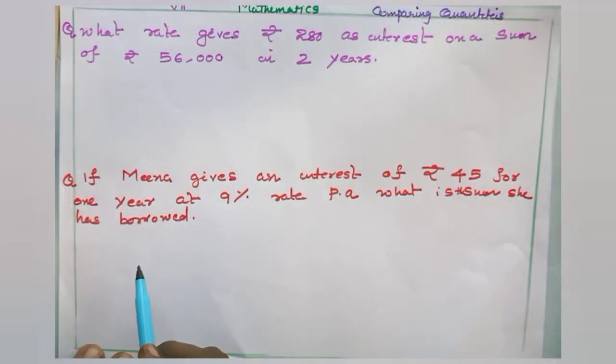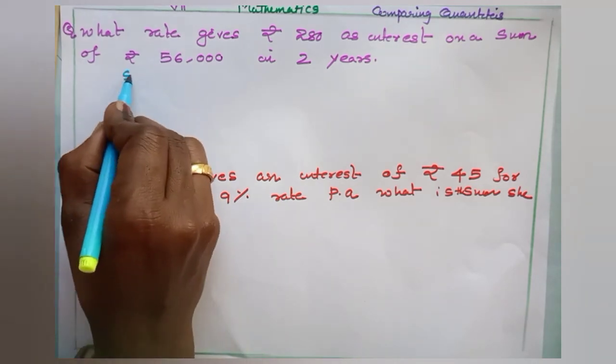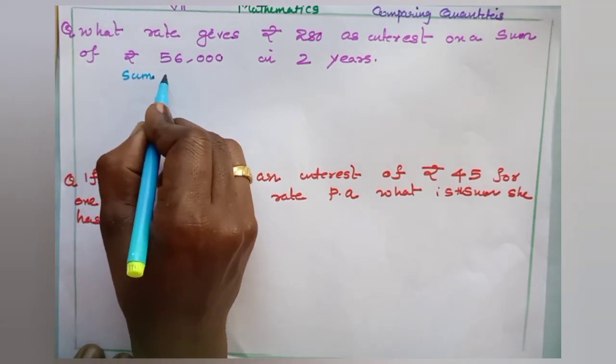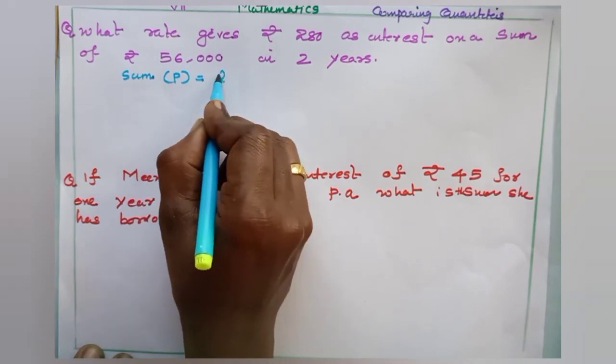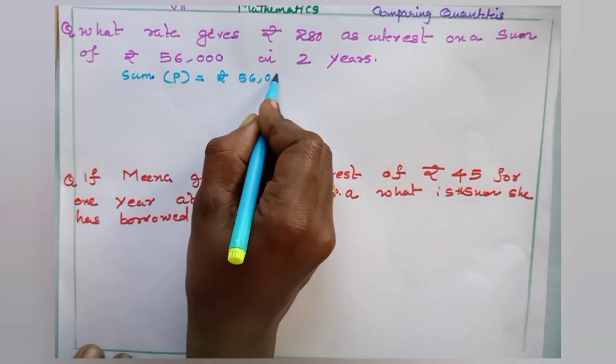Okay, listen to this question. What rate gives rupees 280 as interest on a sum of rupees 56,000 in 2 years? So here the given sum, the principal, is rupees 56,000.